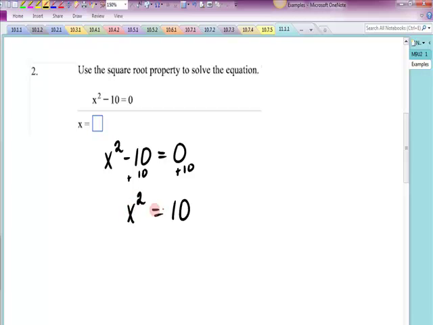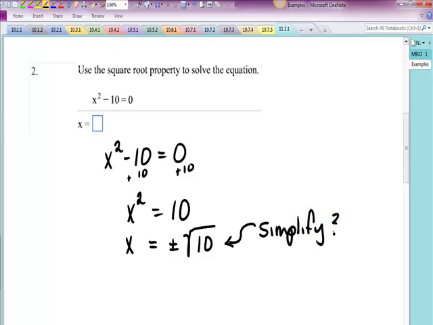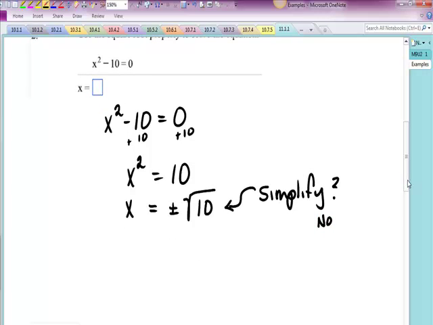X squared is equal to a constant. Take the square root of that side for x, positive and negative, square roots of 10. Always ask, can you simplify? And the answer in this case is no. You cannot simplify the square root of 10. There's no perfect square factor.